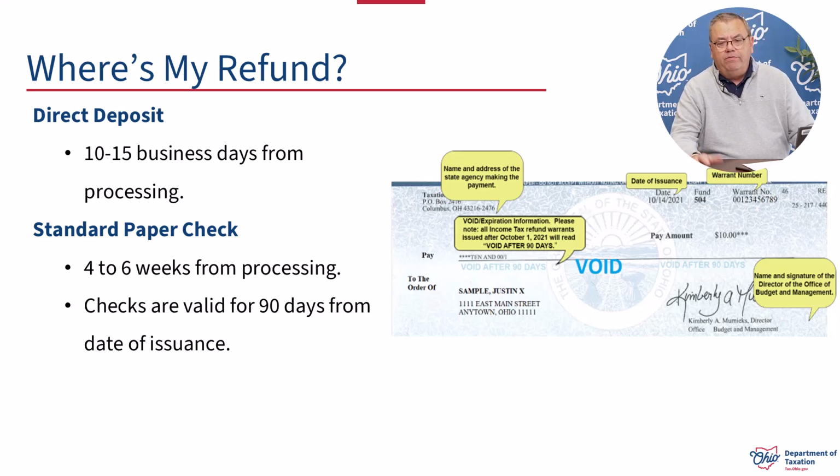So you're here, you got your refund. Now it's a direct deposit. That means that you filed that return electronically, okay? So once that return has been filed and processed, please allow 10 to 15 business days from that processing date for your refund to enter into your bank account, all right?